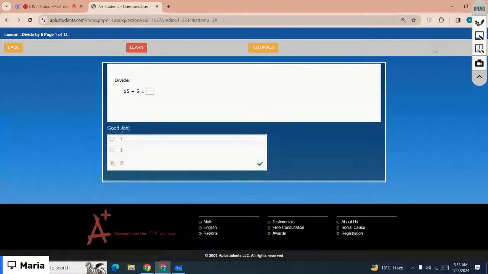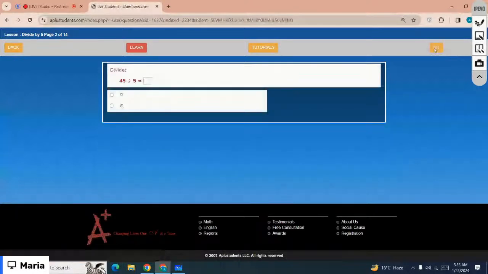Got it? Very good. The next one is 45 divided by 5. 5 times what number is 45? 5 times 9 is 45.